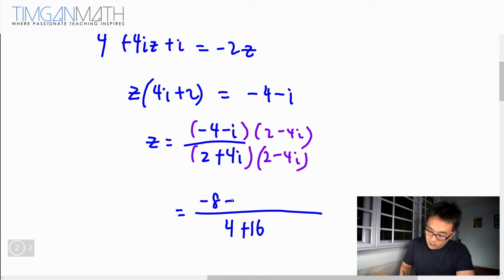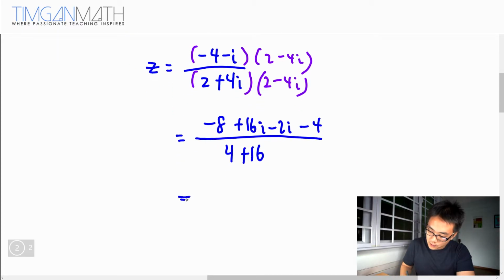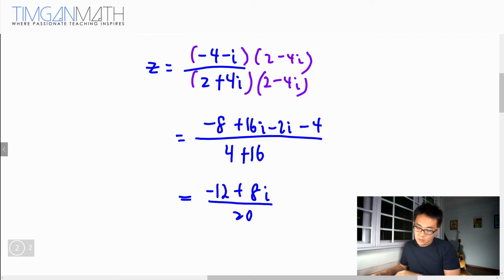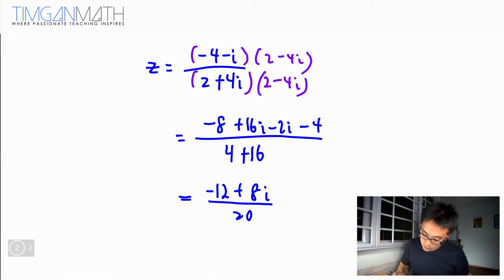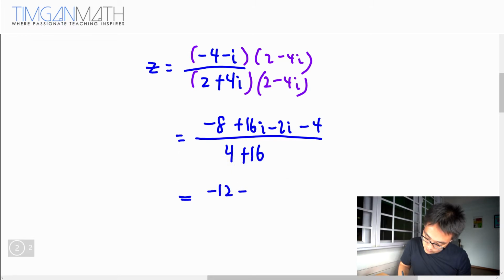The numerator is (-4 minus i)(2 minus 4i), which is -8 plus 16i minus 2i plus 4i squared, so -8 minus 4, which gives -12 plus 14i, over 20.